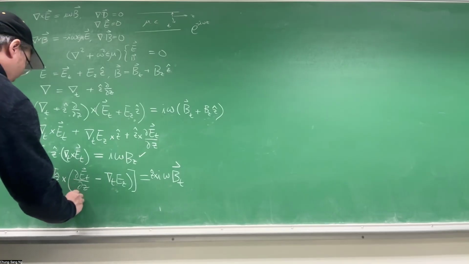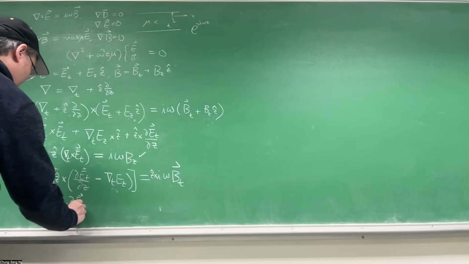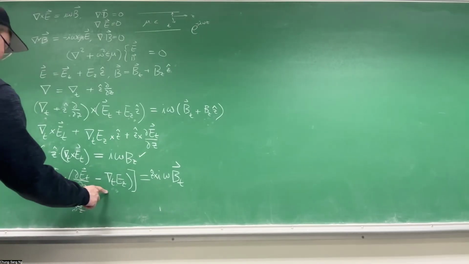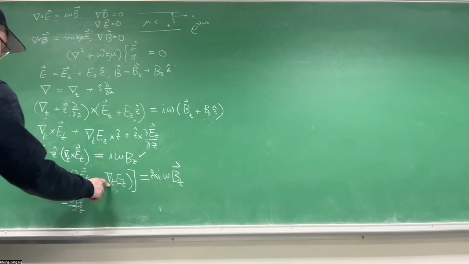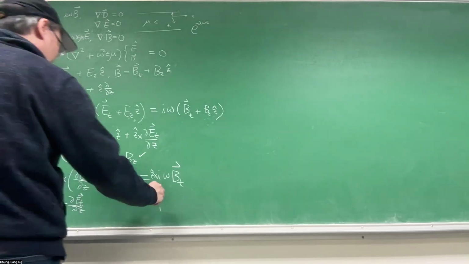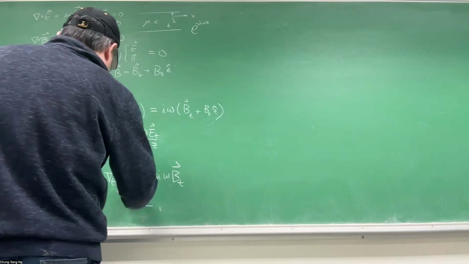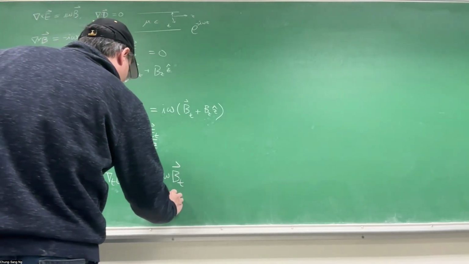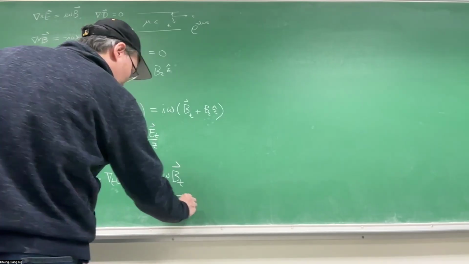So you have minus ∂E_t/∂z. Right, so that is this one, and then this becomes plus grad_t E_z, but we want to move it to the other side. Plus becomes minus grad_t E_z.